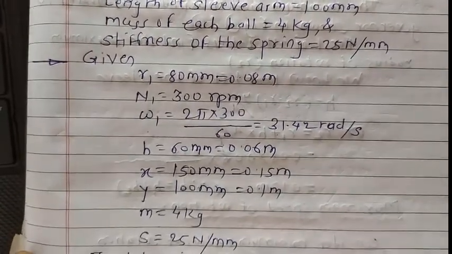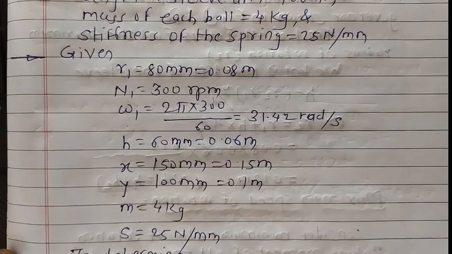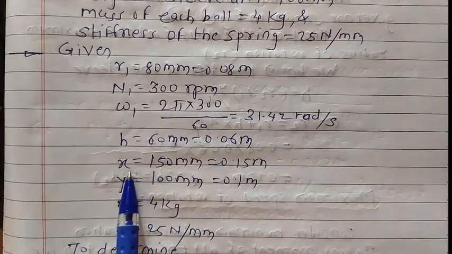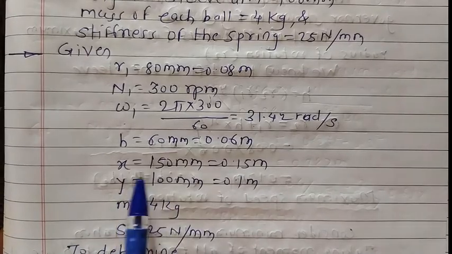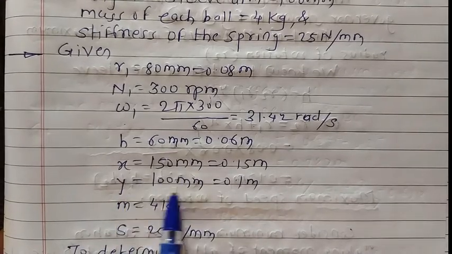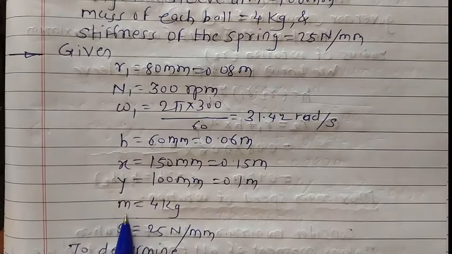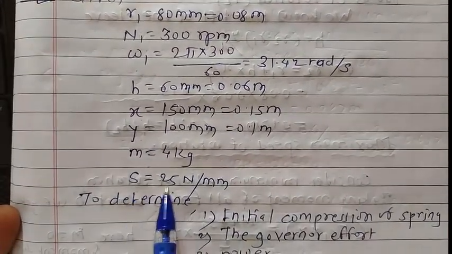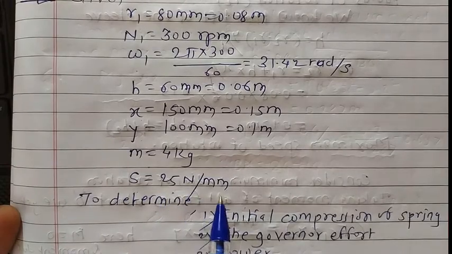Now the lift of the sleeve is h equals 60 mm, then x is 150 mm, y is 100 mm. The mass is 4 kilogram, and the stiffness is 25 Newton per mm.